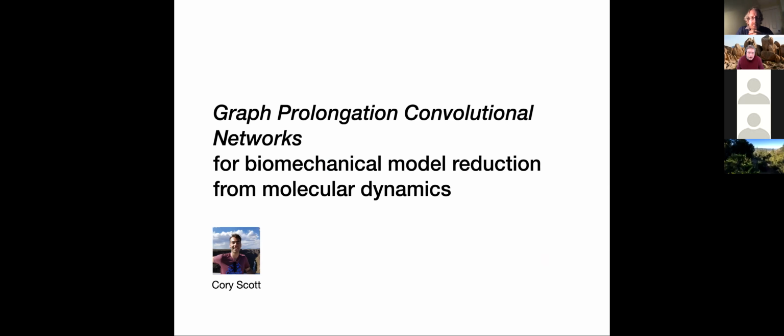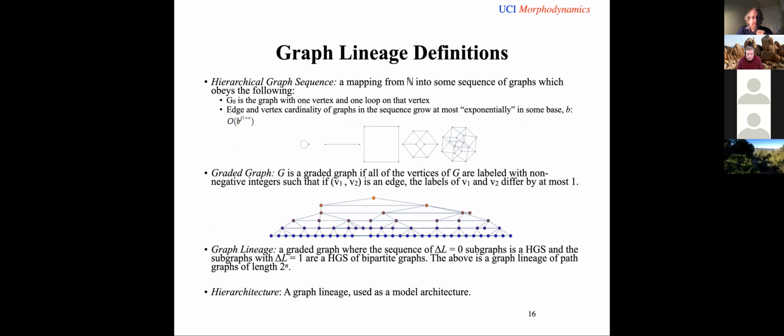Now, another model reduction adventure that's pretty recent is with my PhD student, Corey Scott at Irvine. And he's invented something he called graph prolongation convolutional networks. I'll say what that is for biomechanical model reduction in microtubules.